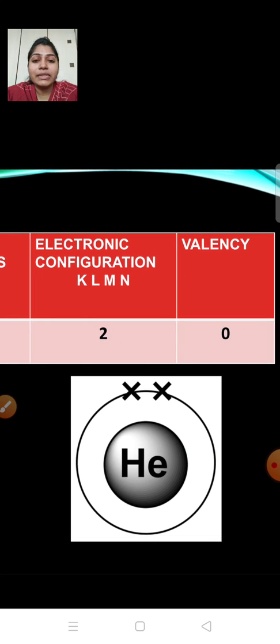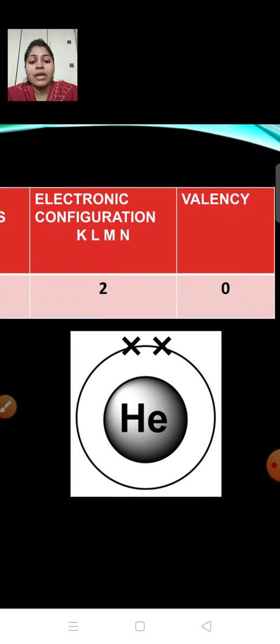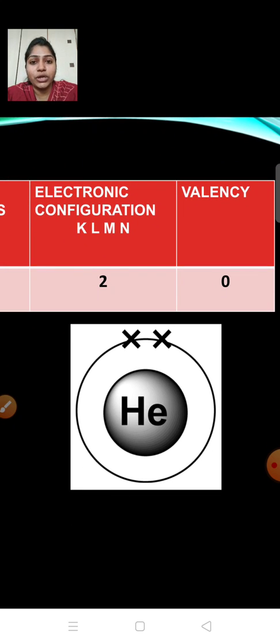Now you can see that helium has 2 electrons in its outermost orbit. It means it has achieved stability. So no need to lose, gain or share electrons. So the valency of helium is 0. This is the atomic structure of helium.